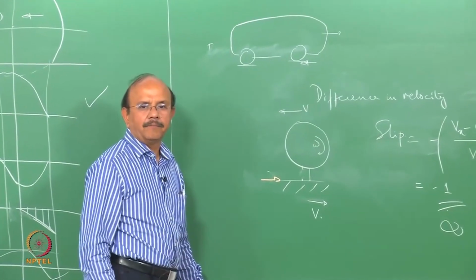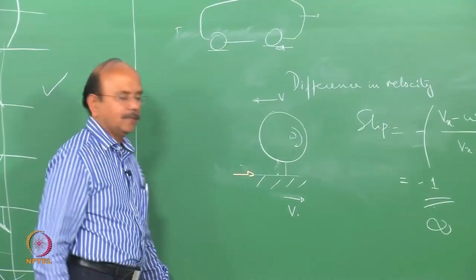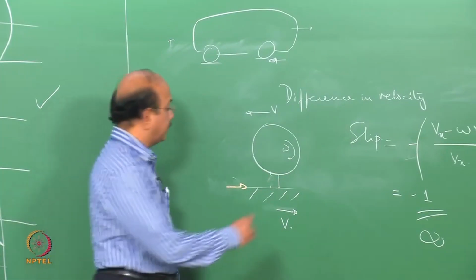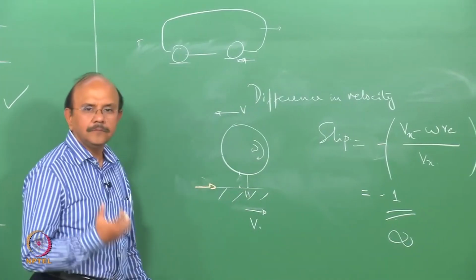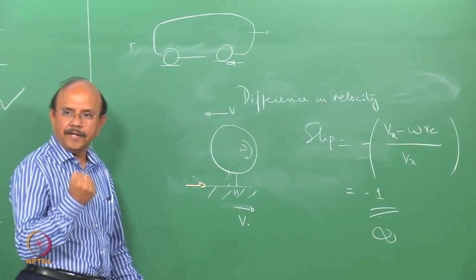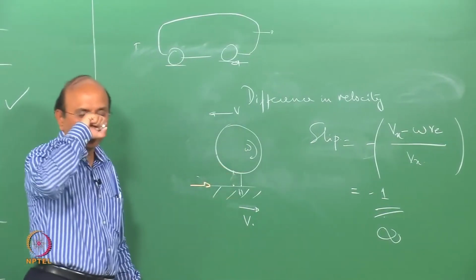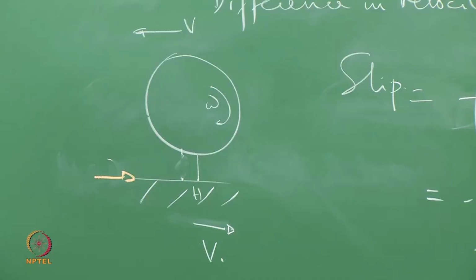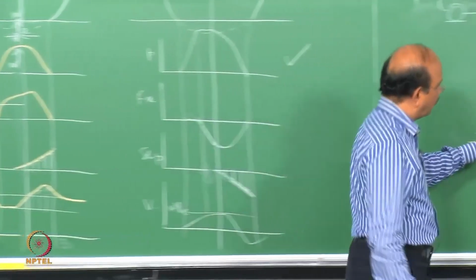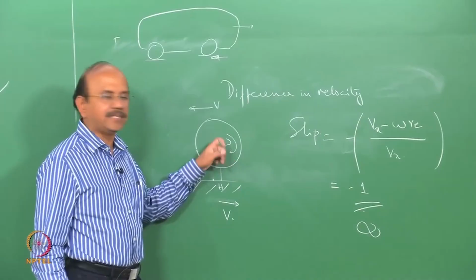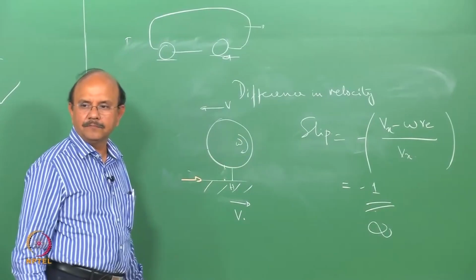I'm braking. Now what is the condition under this? Let's call this the head, and that's the tail of the bristle. The head has hit the ground, and there is a contact patch pressure that's built on the head. This fellow is actually under pressure. According to what we have seen now, what is the condition? The ground velocity, which is the opposite of the vehicle velocity, will it be more or less than the wheel tangential velocity?